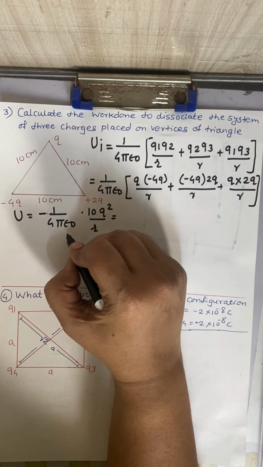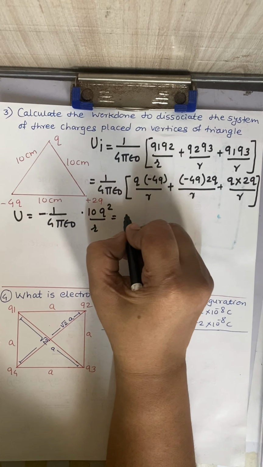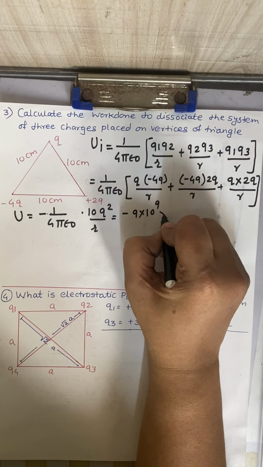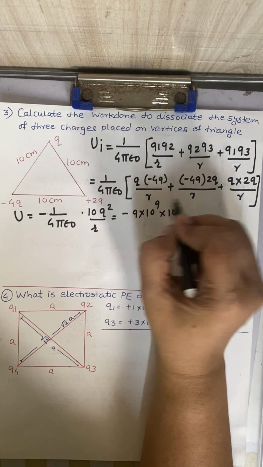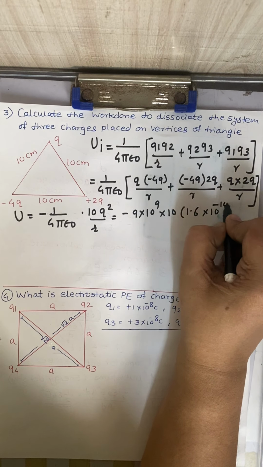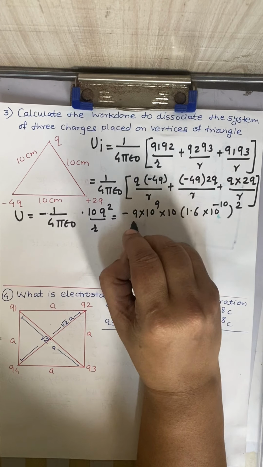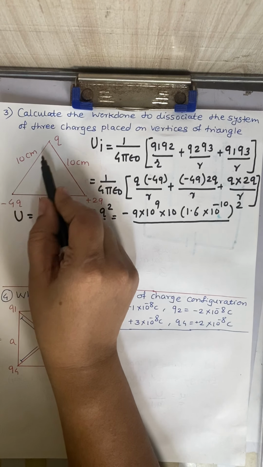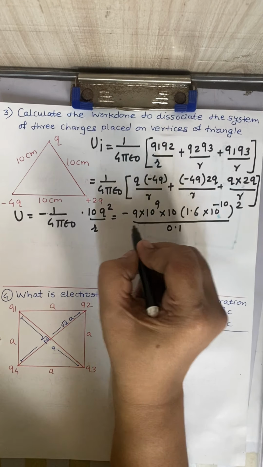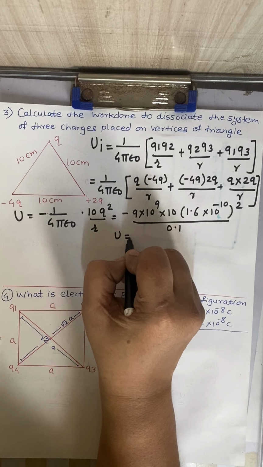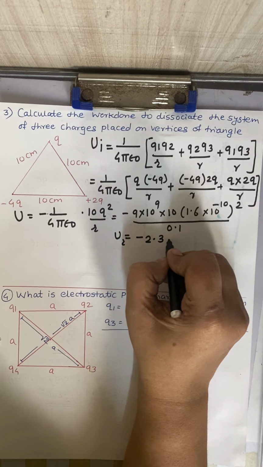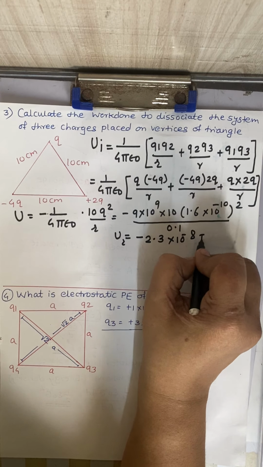So minus 1 by 4 pi epsilon naught 10 q square by r becomes minus 9 into 10 raised to 9 multiplied by 10, then q square, so (1.6 into 10 raised to minus 10) square divided by the distance between any two charges, 10 centimeters, so 0.1 meter. So U initial is equal to minus 2.3 into 10 raised to minus 8 joule.